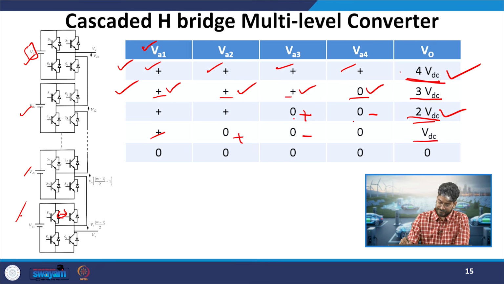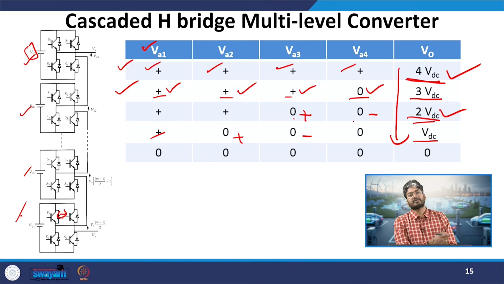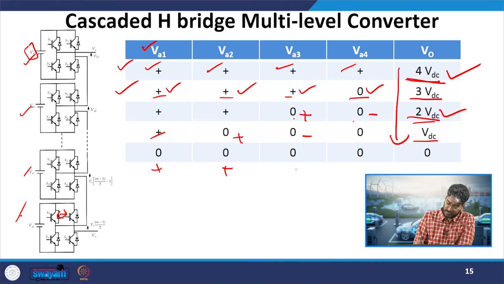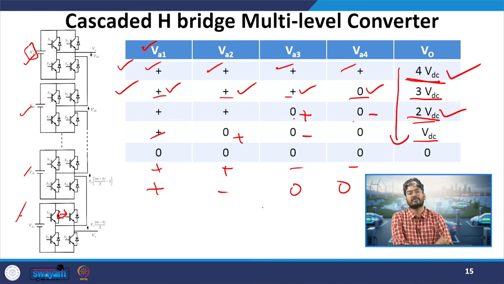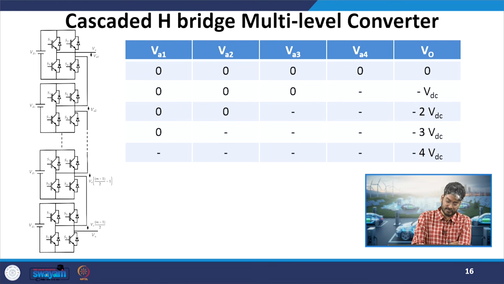So as the voltage level decreases, the number of combinations possible increases. Similarly, for 0, I can insert 2 in the positive and 2 in the negative direction, still I will get the 0 voltage. Similarly, I can have 1 plus, 1 minus, 2 in the bypass combination. All these states will be giving me 0 voltage. So I have redundant combination in cascaded H-bridge topology also.